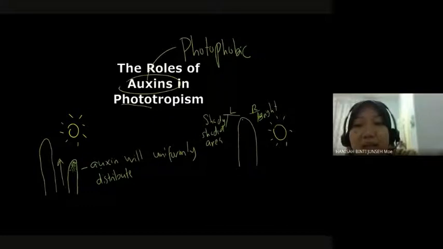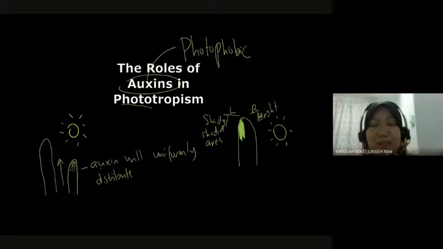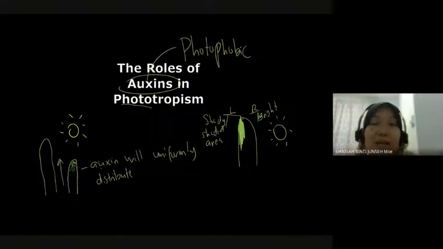So di sini lah the auxin will accumulate here. Nampak dia akan berkumpul di sini. It will move to the shady area. And then what happened? Kita sudah belajar tadi sebelum ni, bila only one side, meaning only the left side of the coleoptile, siapa yang ada auxin, dialah yang akan grow.